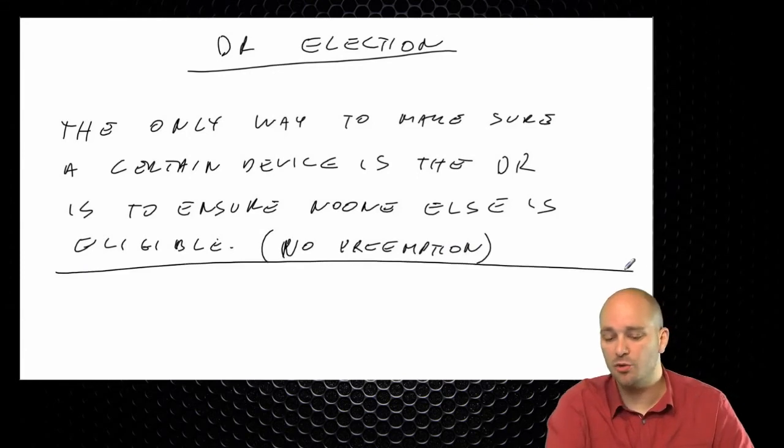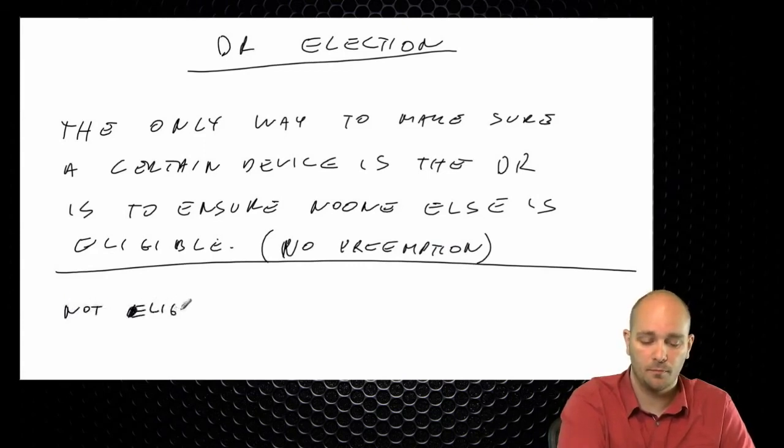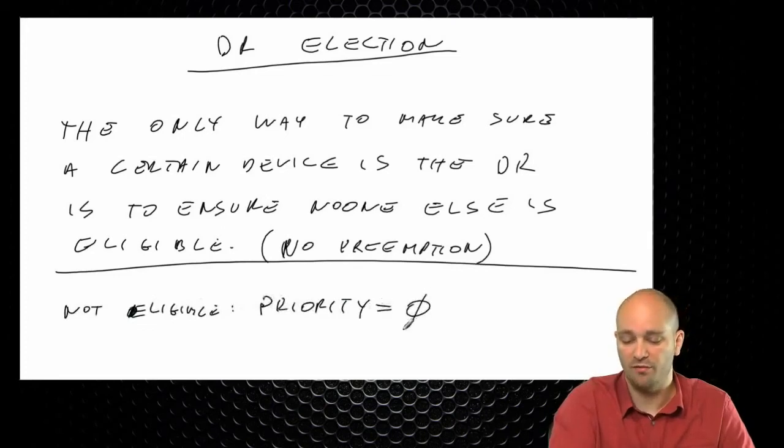How do we make sure that routers are not eligible to become DRs? Not eligible are the routers that have priority of 0.